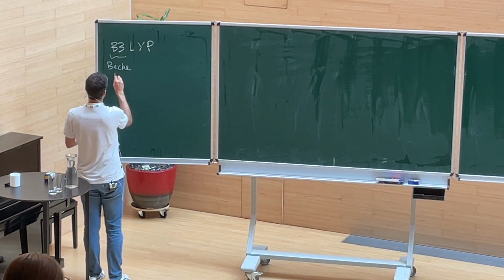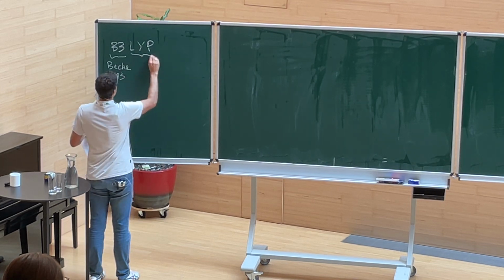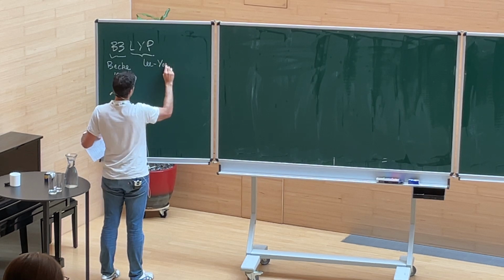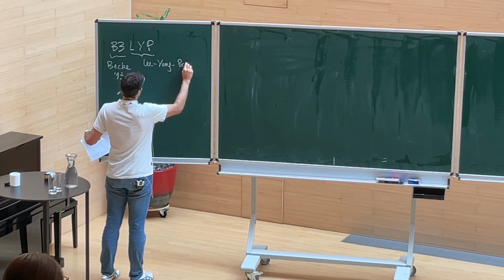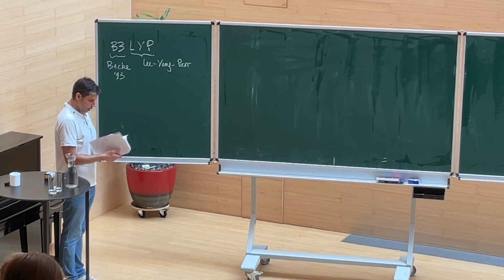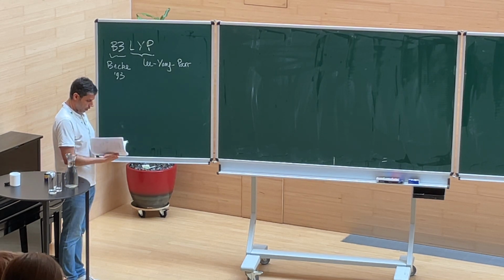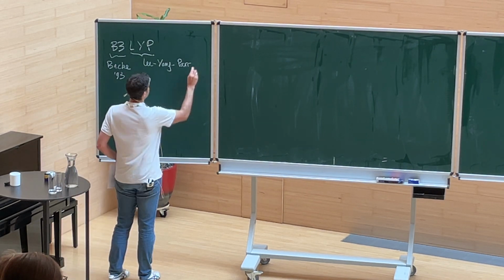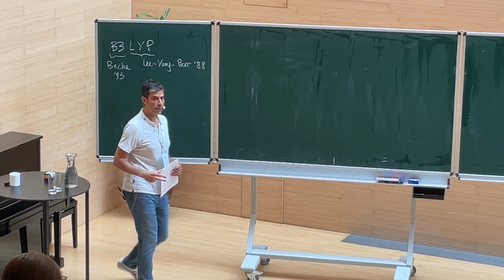And I think it's a paper from 1993. And LYP is Lee-Yang-Parr. It's also a paper. I have the reference somewhere. I don't remember the year, but it's 90-something. Let me tell you. Oh, no, it's 88. It's the most famous functional.